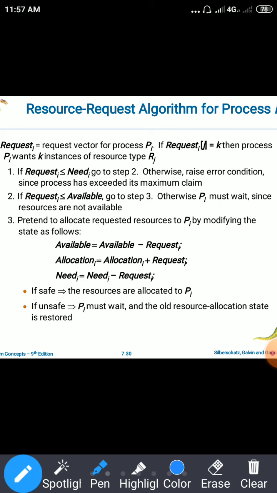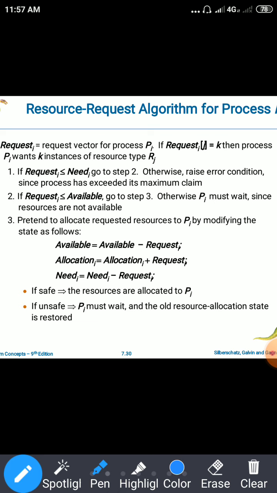Because we already allocated. One is already allocated first. In the next case, it requests one more CPU, and that CPU is also allocated. Why? The first two conditions satisfy, because the request is less than or equal to need and the request is also less than or equal to available. So hence we are allocating the requested CPU to the process.